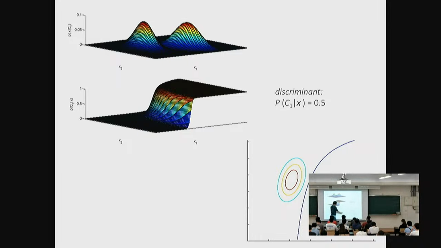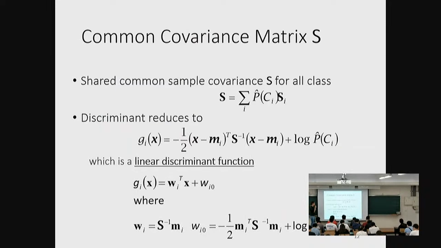Sorry, this is c2 and this is c1. The probability of c1 given x equals 0.5 is this line where you separate these two distributions. You cut it here. This is a Gaussian distribution for c1, and this is a Gaussian distribution for c2. Anything beyond this line, we call it C1. Anything beyond this line, we call it C2. That's a very simple method. Now we can start.